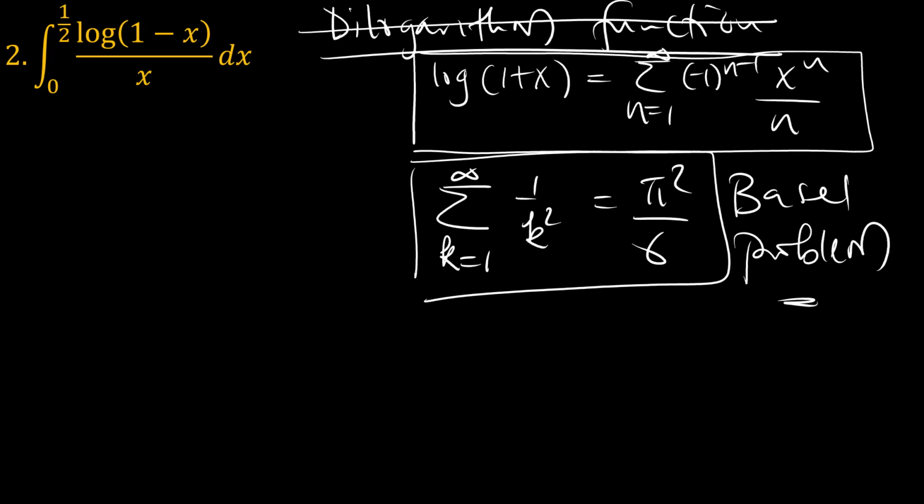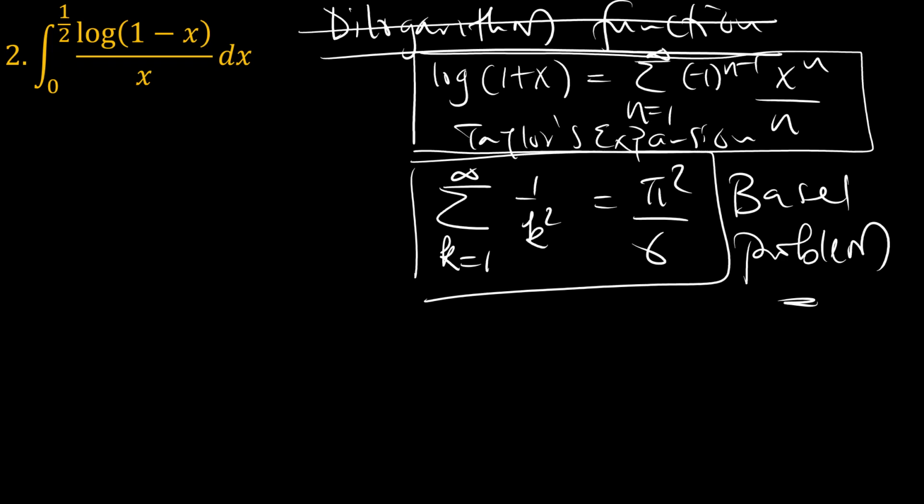Okay, this here is Taylor's expansion of the natural logarithm of 1 plus x. To be very precise, this is what we call the Maclaurin expansion of the natural logarithm of 1 plus x. Anyway, so these are the building blocks that we're going to use for this problem.